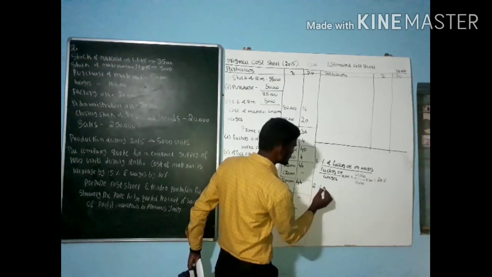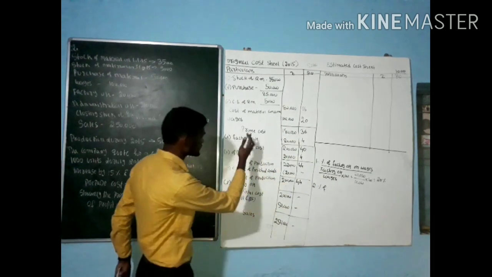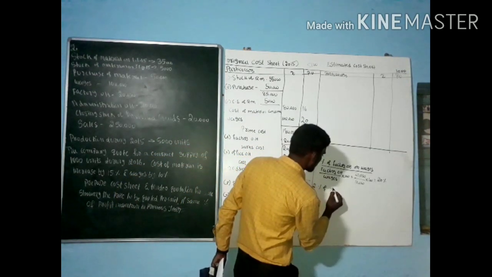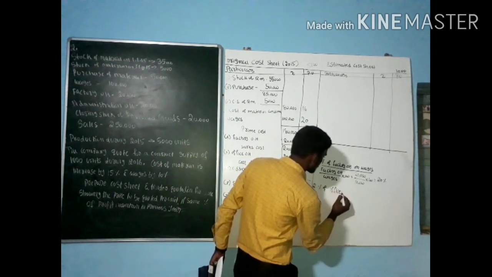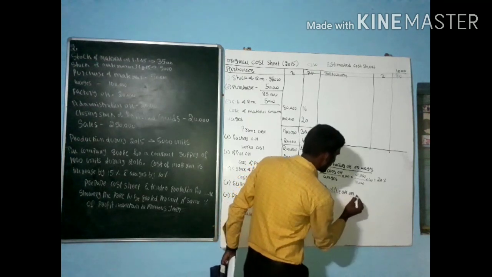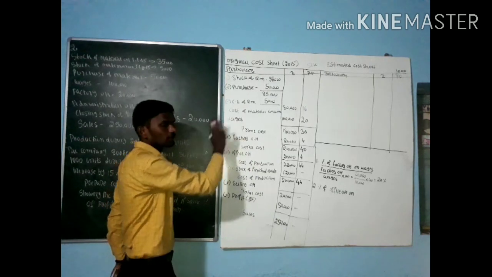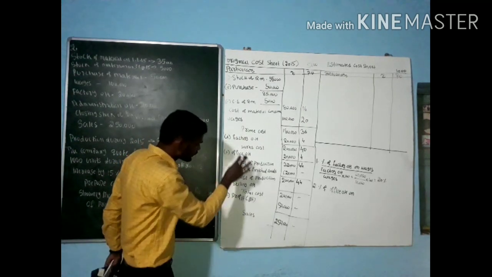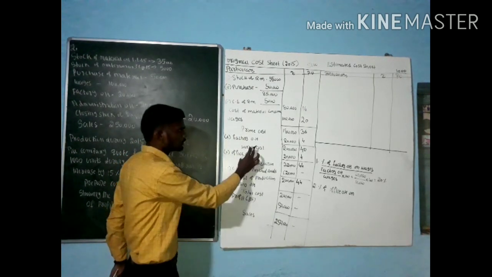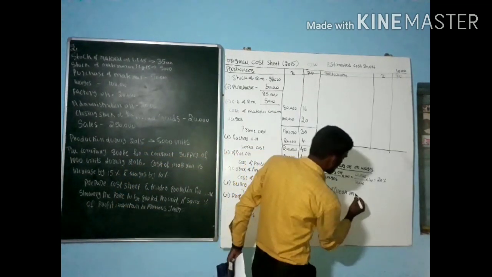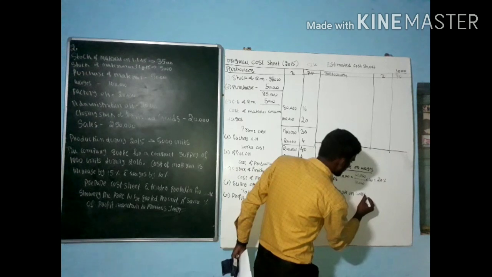Next, after factory overhead, which is the next one? That is office overhead or administrative overhead. Office overhead is calculated on which one? Factory overhead we calculate on wages, whereas office overhead and selling overhead we calculate on the work cost. Percentage of office overhead on work cost.